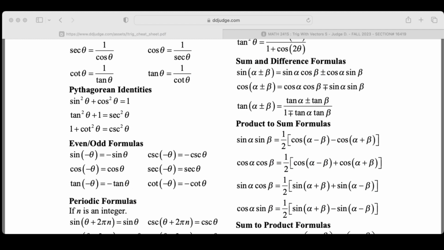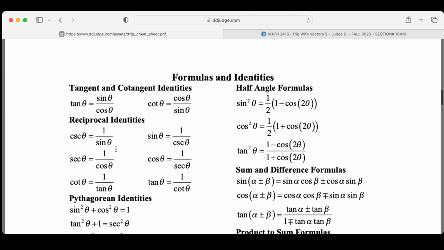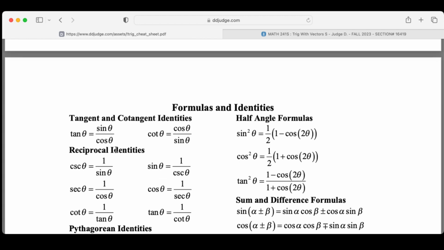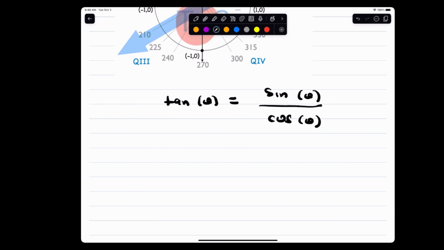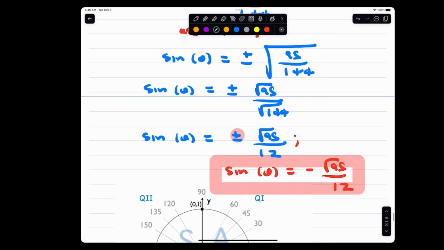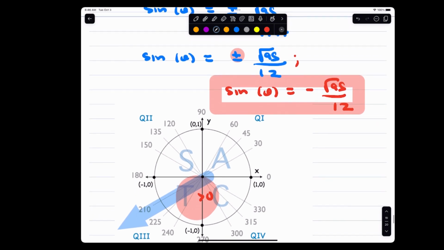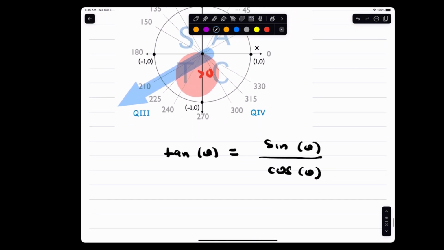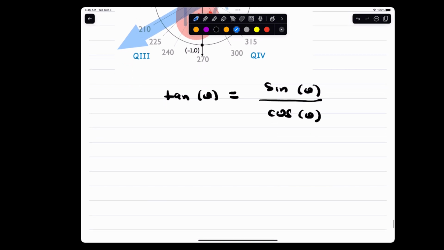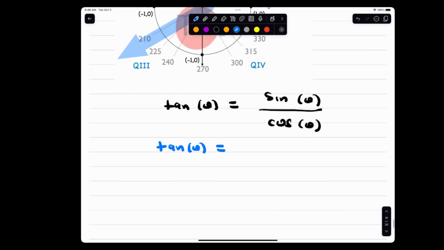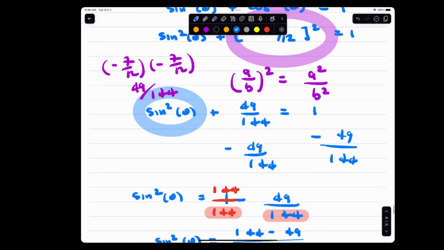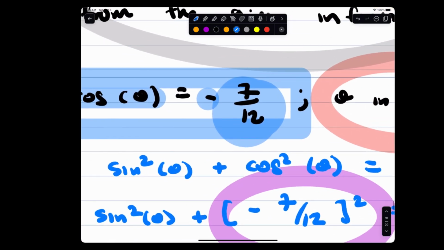Look at your sheet. Oh, there you go, the first formula. Tangent was sine over cosine. And we actually proved that, but okay. So how do I get tangent? Well, you know sine, you just found it. What's cosine? It's negative 7 over 12.